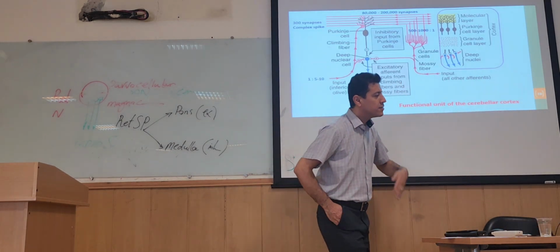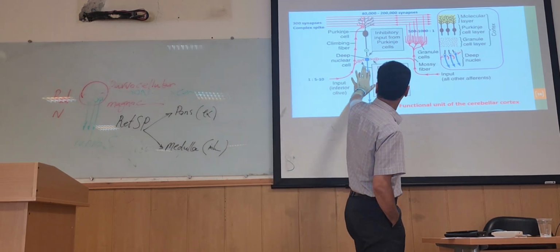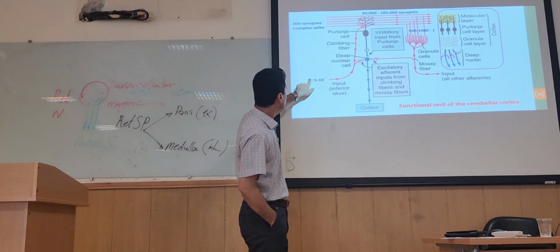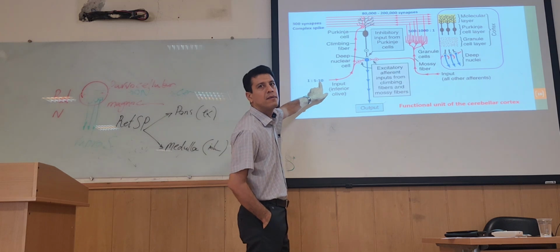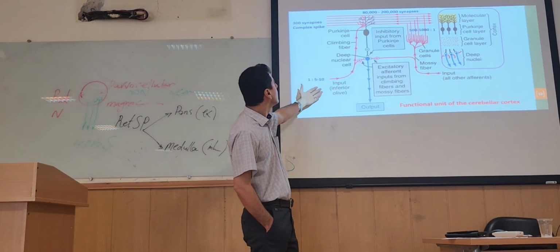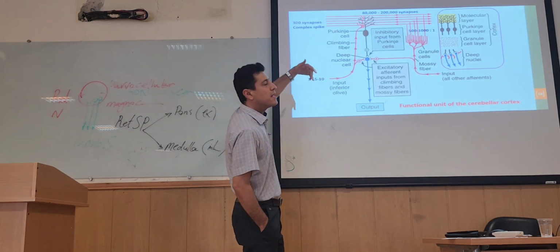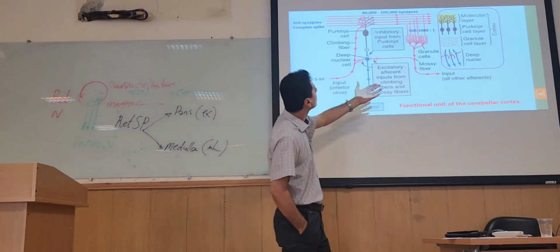So this one is another figure from the Guyton book. It's the same picture. Okay, so there are some details about the number of neurons we have. For example, we have one climbing fiber for every 5 or 10 Purkinjes. Each climbing fiber makes 300 synapses with Purkinjes.